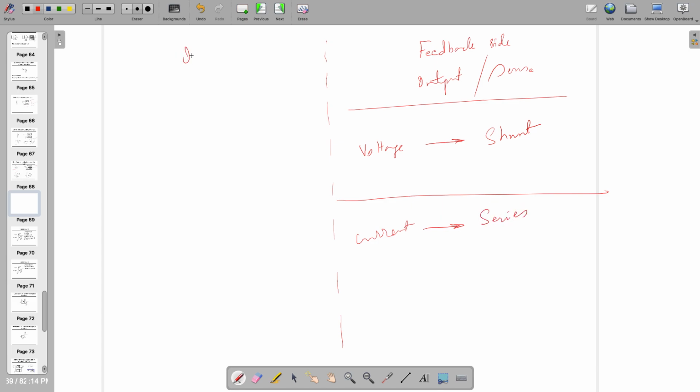But if you are looking at the input summing point, there are two possibilities, one is voltage and one is current. In the case of voltage, I want V minus Vf, and in the case of current, this is IE minus IF, that's what I want.